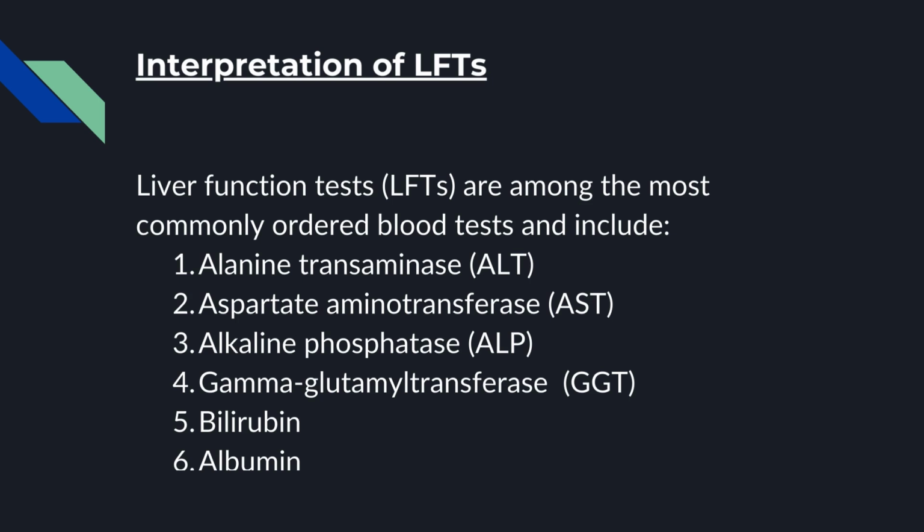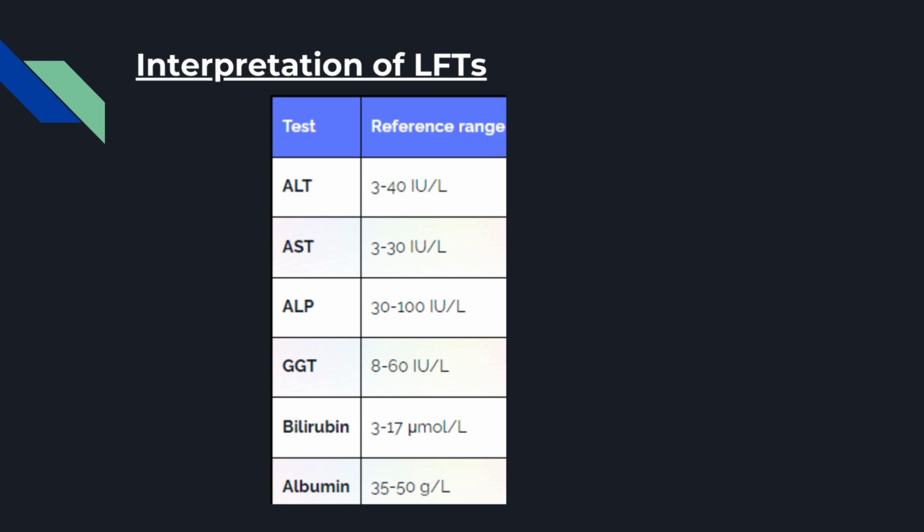Liver function tests, LFTs, are among the most commonly ordered blood tests and include alanine transaminase, ALT, aspartate aminotransferase, AST, alkaline phosphatase, ALP, gamma-glutamyl transferase, GGT, bilirubin, albumin. The following table shows reference ranges of normal lab values.